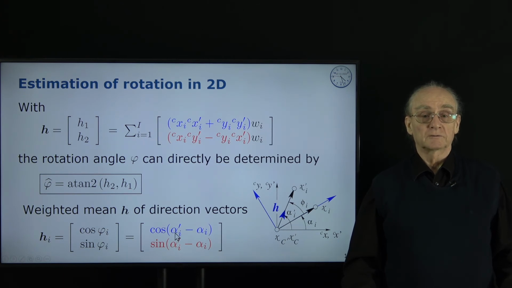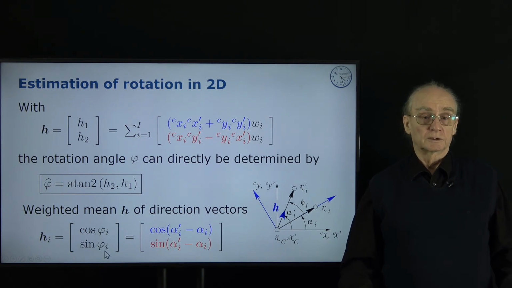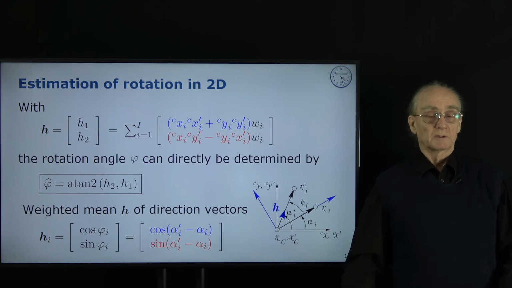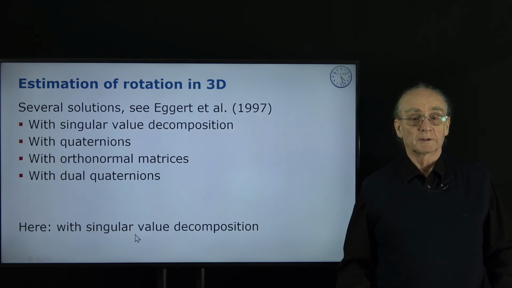So if we have the direction vectors of alpha, that means here this direction and this coordinate system, we have the cosine and the sine, and that means we get x times x prime plus y times y prime, weighted. So from this equation you can come to this expression in here, and the main thing is that we do a weighted sum over all these direction vectors for our unknown rotation. So this is a very plausible result, and is useful for direct programming.